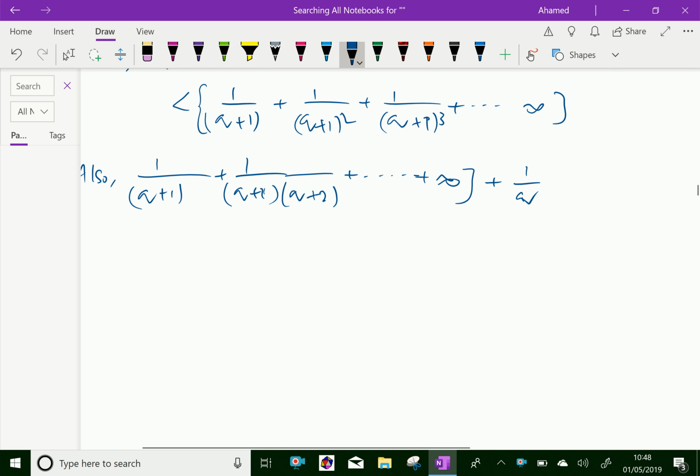Means 1 over q is the sum to infinity of that series.